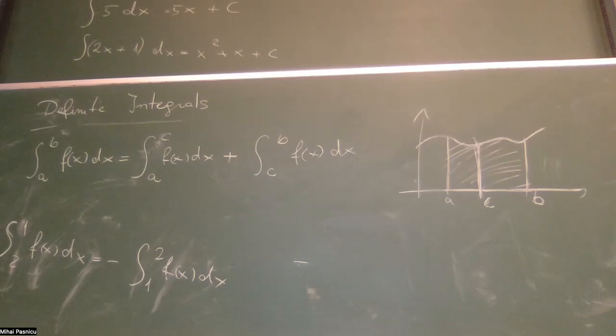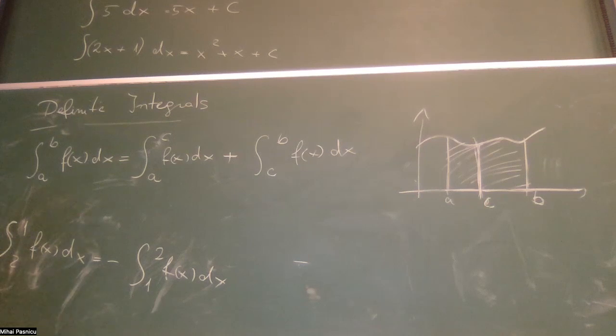Now, what's the main difference, outside of the fact that these definite integrals have some things over here? What's the main difference that you have not seen in any of the formulas, as opposed to the indefinite integral? It's a constant. There is no constant here.